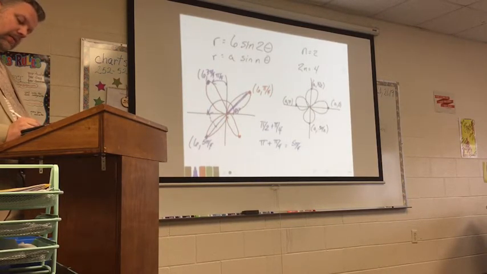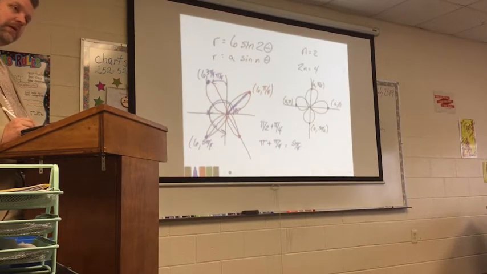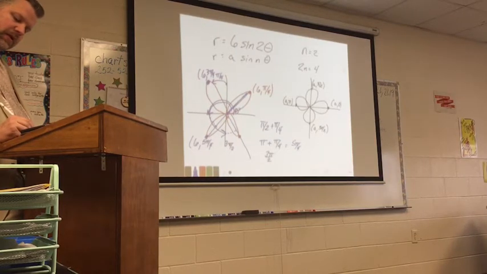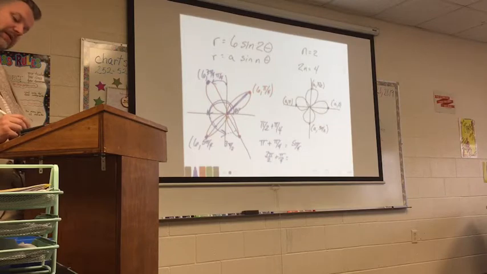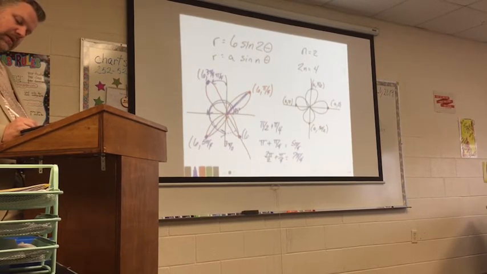And then from this one, all the way around to this piece is how far? 3 pi over 2, but I need to go 45 more, plus pi over 4. So 3 pi over 2 plus pi over 4. Find your common denominator, it'd be 4, so that's 7 pi over 4. So this point right here is 6, 7 pi over 4. Yay!